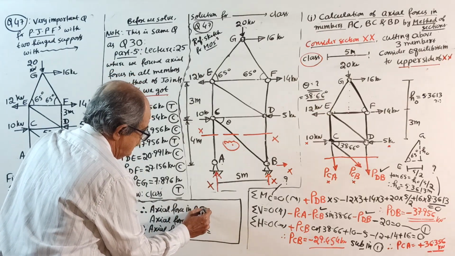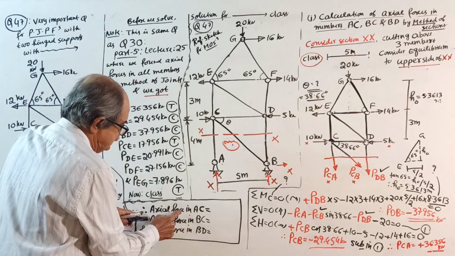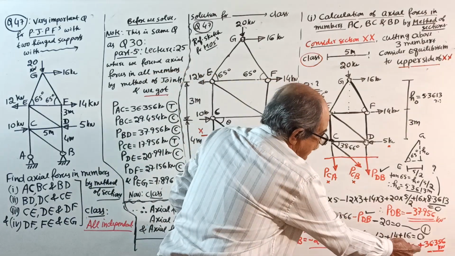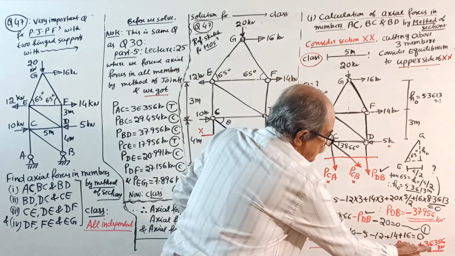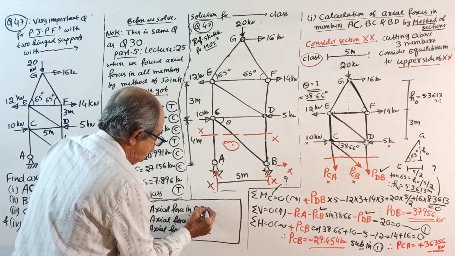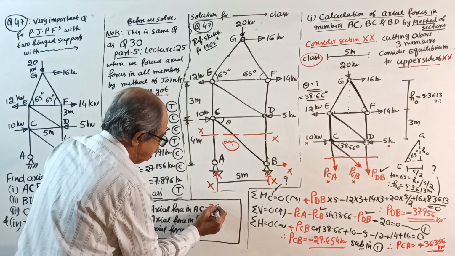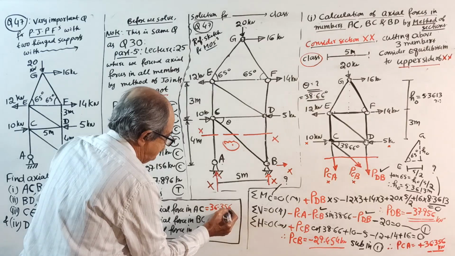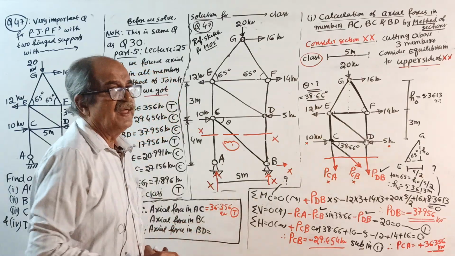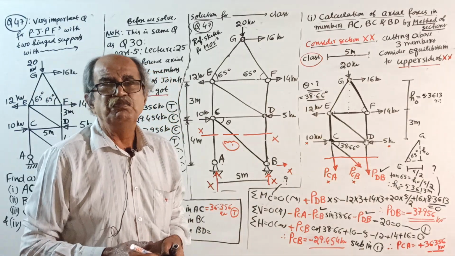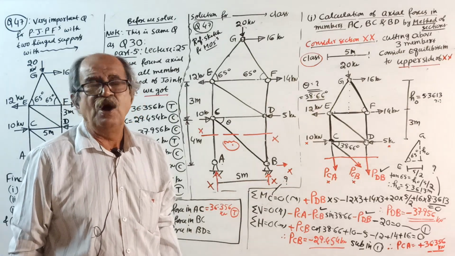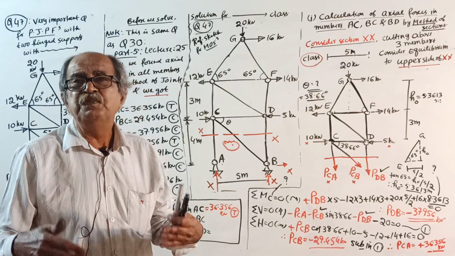Axial force in AC or CA, both are the same here, plus 36.356 kilonewton. Tension, I already told, now I will not tell it again. If somebody is not listening and not solving, he should pay the penalty.